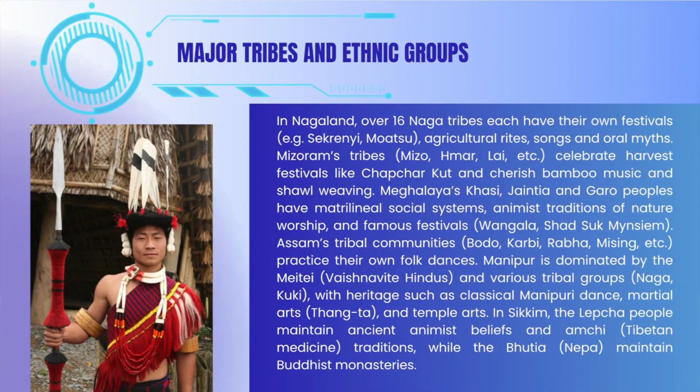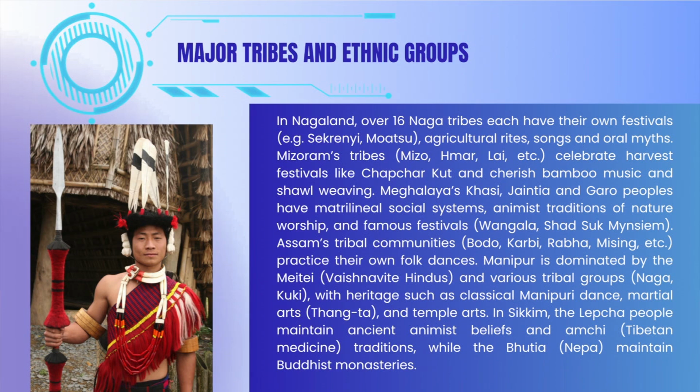In Nagaland, over 16 Naga tribes each have their own festivals, agricultural rites, songs, and oral myths. Mizoram tribes, Mizo, Mar, Lai, etc., celebrate harvest festivals like Chapchar Kut and have bamboo music and shawl weaving.